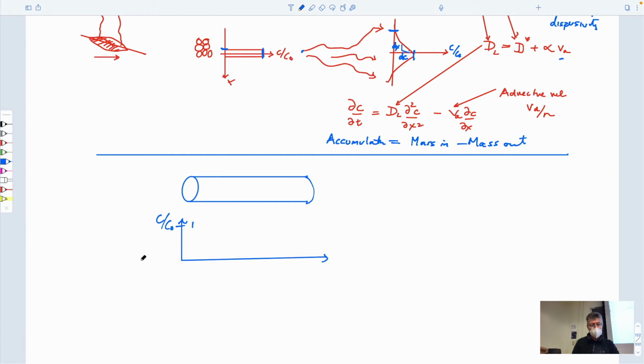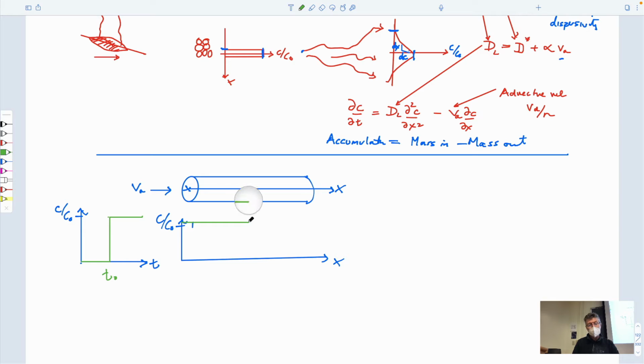And if you have some input function, in other words, the input into this upstream face, which has a length and an advective velocity, then if you have, again, relative concentration, and that relative concentration with time, so this with space, this is with time, and if that concentration is nothing, and then there's a spill, it's dissolved in the water, and then that continues, so it gets turned on at some time t0, then you'd expect that this would look something like this in the ideal case.